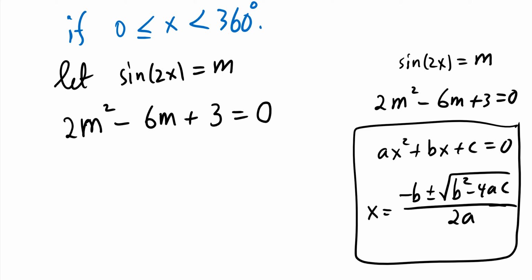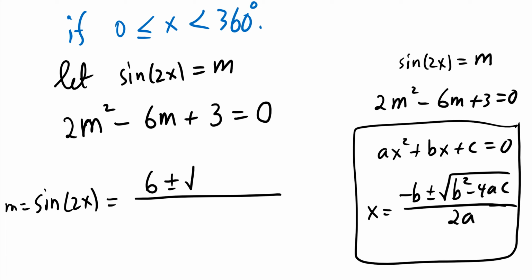So for here, m, which is sine 2x, is negative b, so it's 6 plus or minus the square root of b squared minus 4 times a times c divided by 2a.